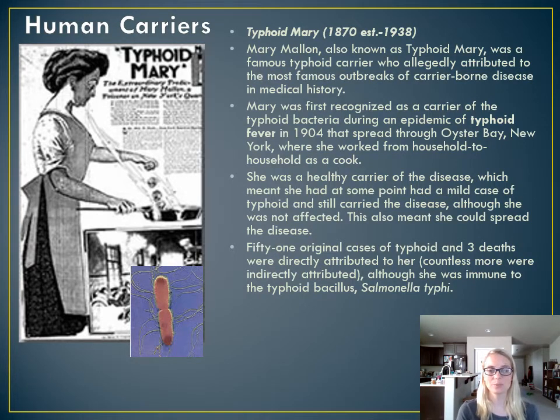And I think she had to go and live on a quarantine island in New York. Seems like I just watched a documentary about her story. Very interesting. But yeah, she was a very famous asymptomatic carrier. She didn't have any symptoms, and yet she was shedding the bacterium a lot where she worked. So got to be careful about those human carriers.